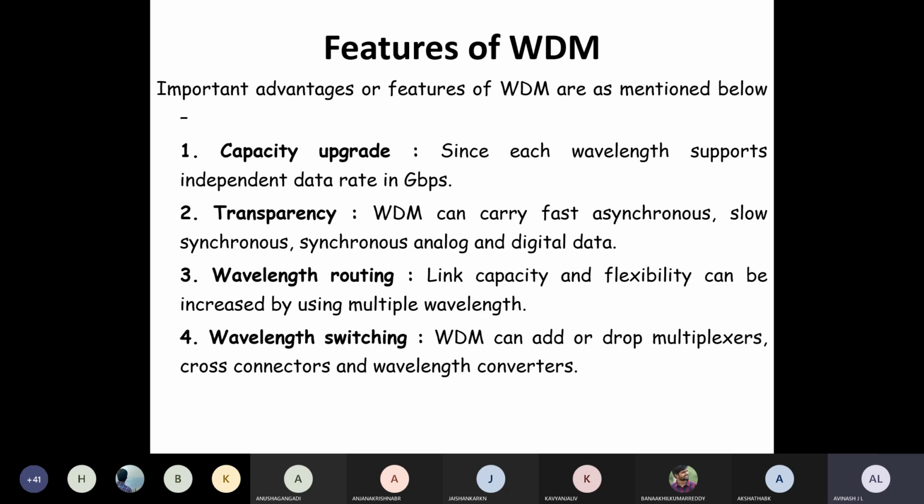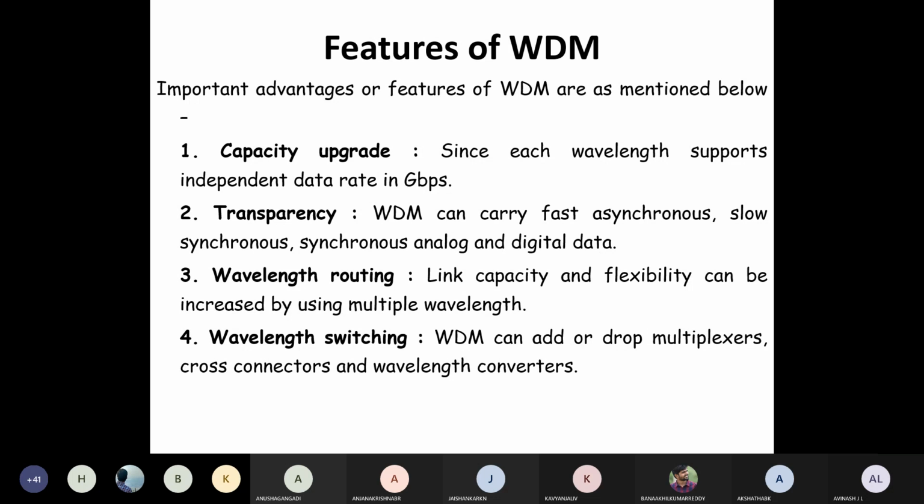The next thing is wavelength routing. When you talk about wavelength routing, WDM can add or drop multiplexers, cross connectors and wavelength converters.